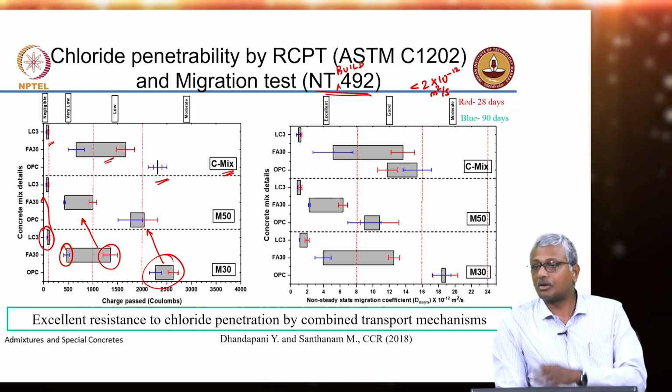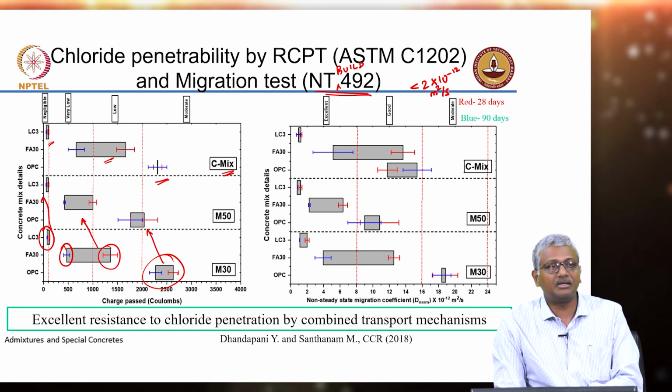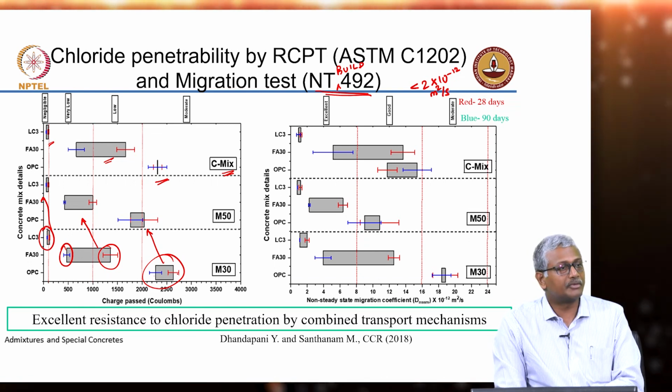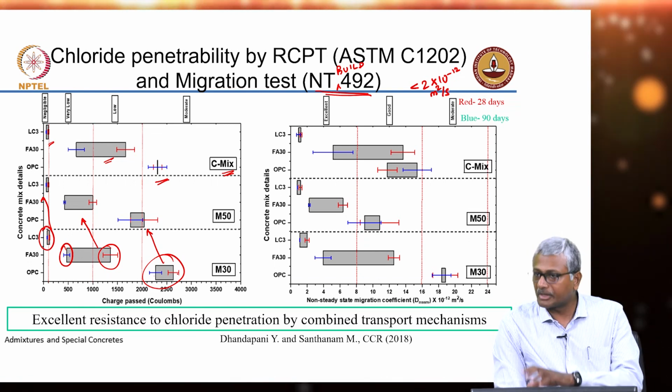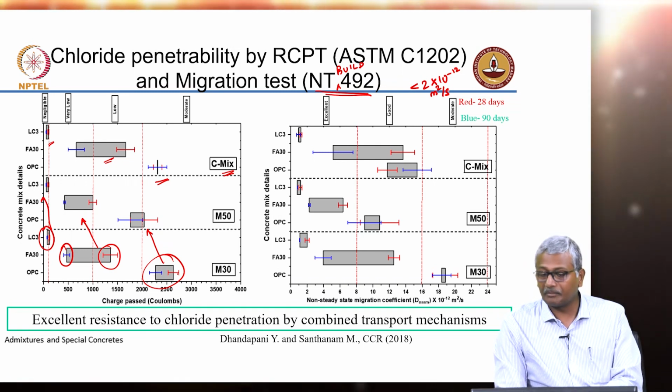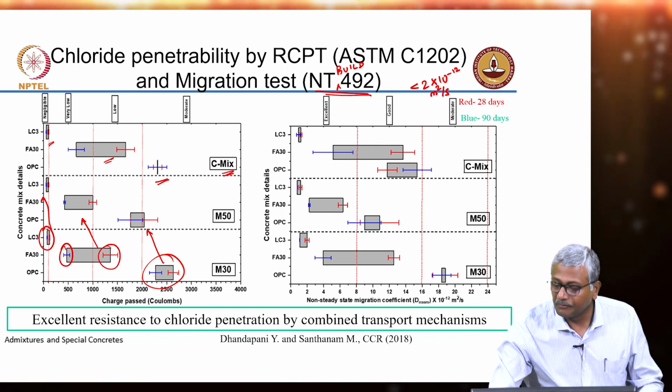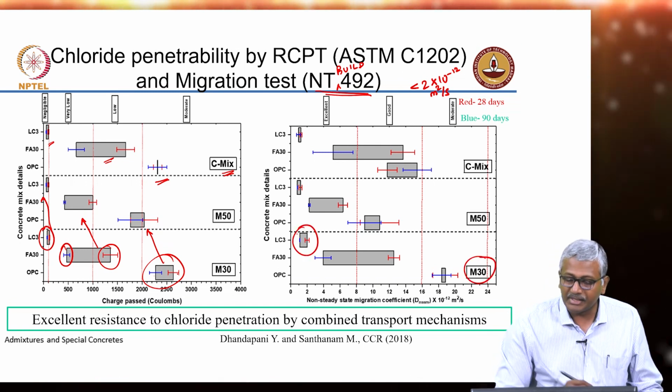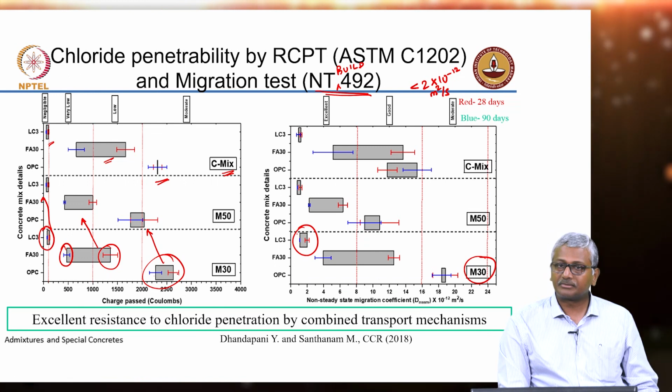There the grade of concrete is some M60, M70, they are using silica fume, complex ternary systems to actually obtain this strength as well as the value of the permeability. But look what is happening here. With M30 concrete, your LC3 system is already in that range.